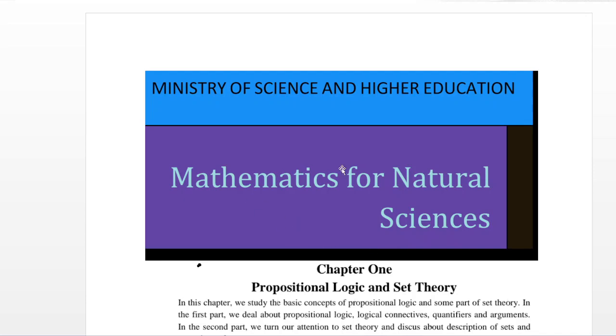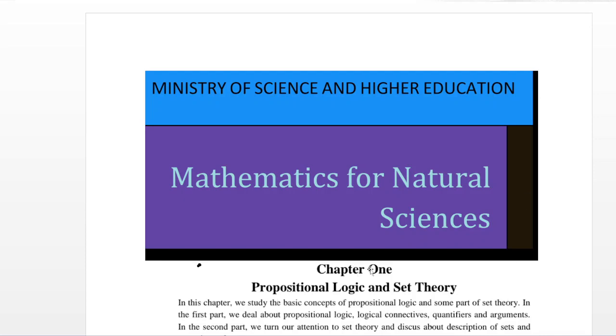Some chapters are common for social science students and natural science students, but some chapters are given separately for natural science and social science.